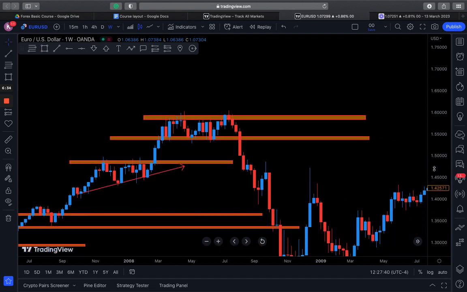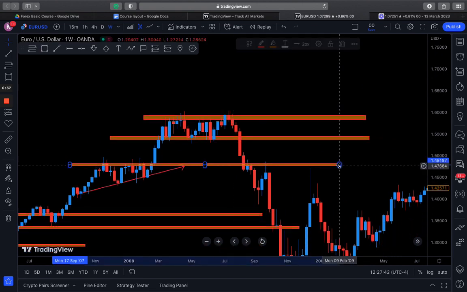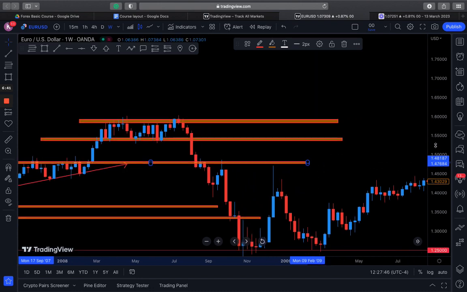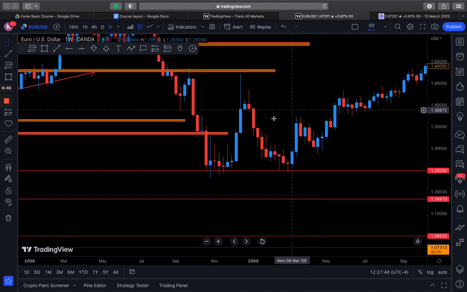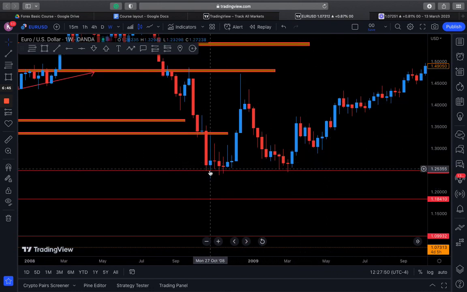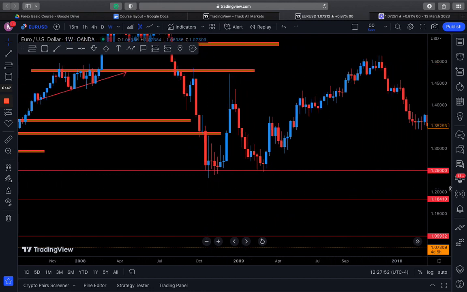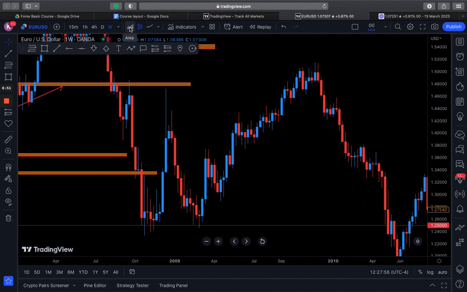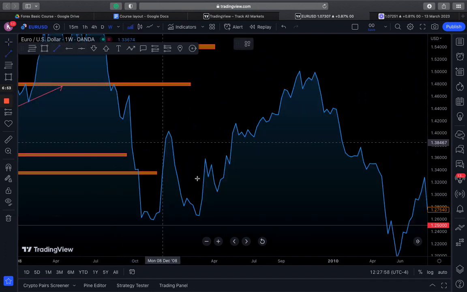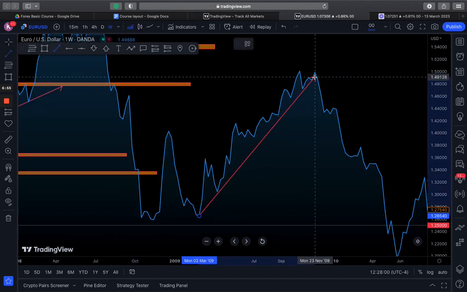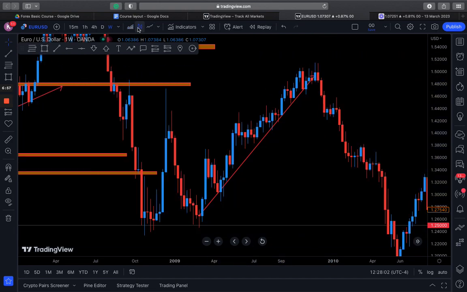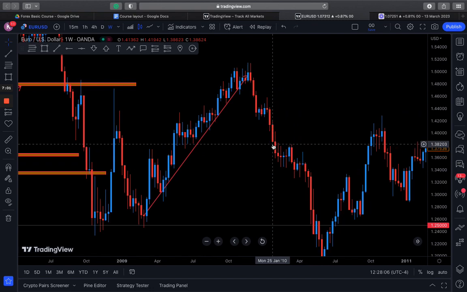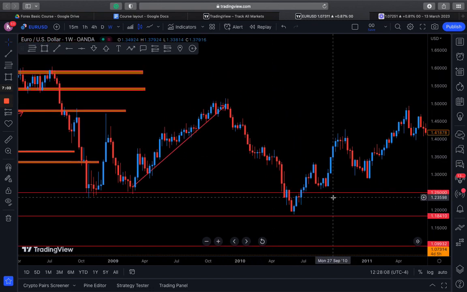Alright. Let's see, if you drag this out, you'll see this kind of acted as support again, double bottom here, right? So we see this level, this 1.25 flat acting as support, kind of getting diagonal vibes from this area here. It's a little movement in there, nothing too crazy.